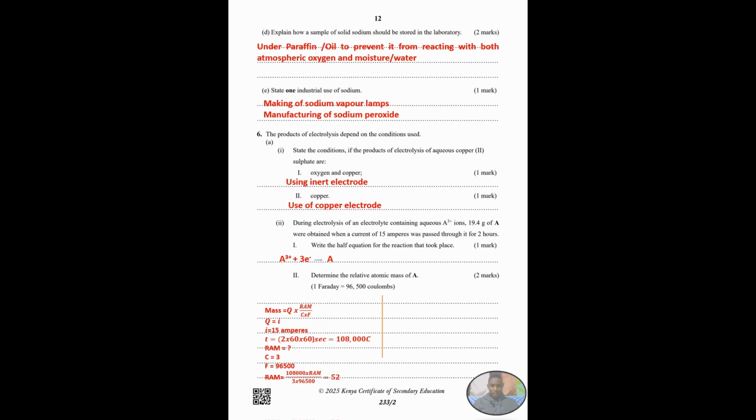So using my mass is equal to 108,000 multiplied by RAM over 3 times 96,500, I'll be able to get 52. And 52 is the RAM of that particular metal.